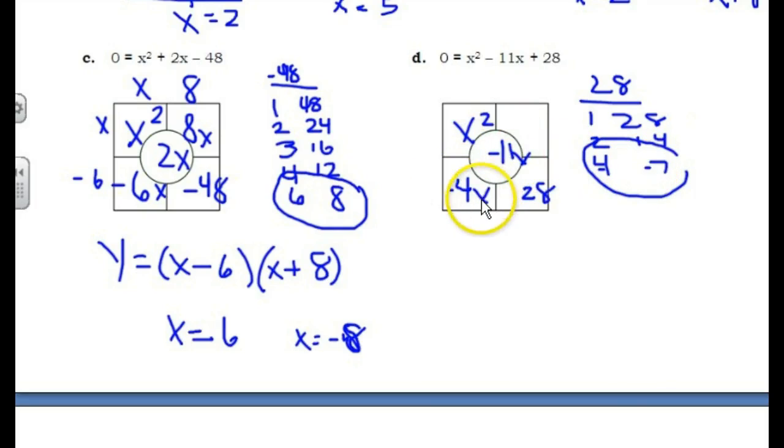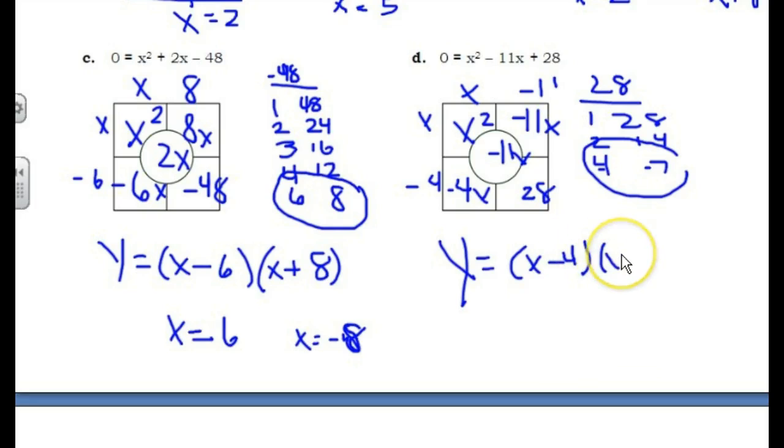So negative 4x, negative 11x, x, negative 4, negative 11, makes positive 28. Y equals x minus 4, x minus 11, x equals 4, and x equals 11.